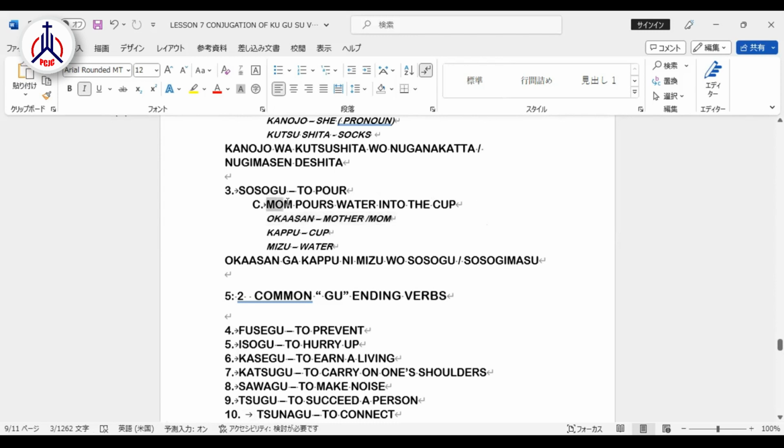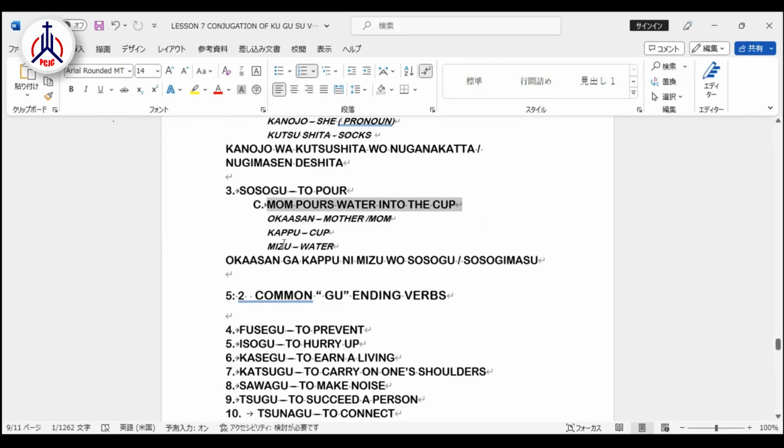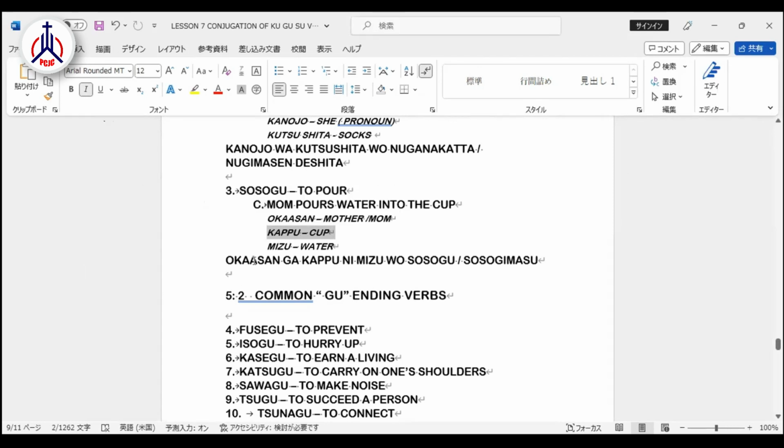Mom, this is okasan. Mother or mom. Mommy or mom means okasan. And then cup. Kapu means cup. And then mizu is water. Pani.